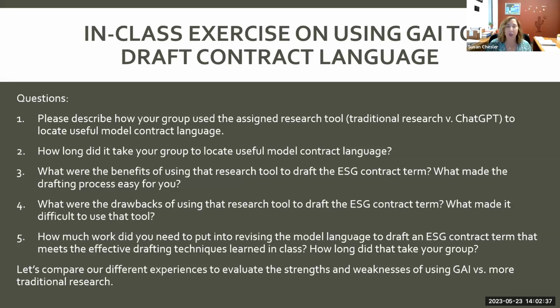Then they can do a much better job of prompting ChatGPT to get a result that follows the best practices, includes good content, and is also drafted in the way I teach them to do in class. And I will just say, that's the end of my presentation.